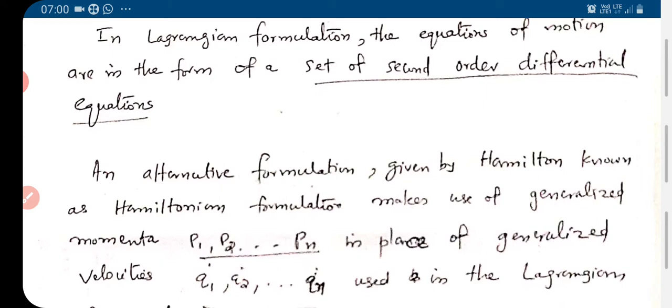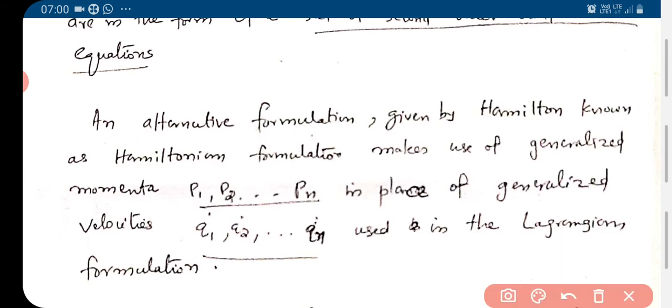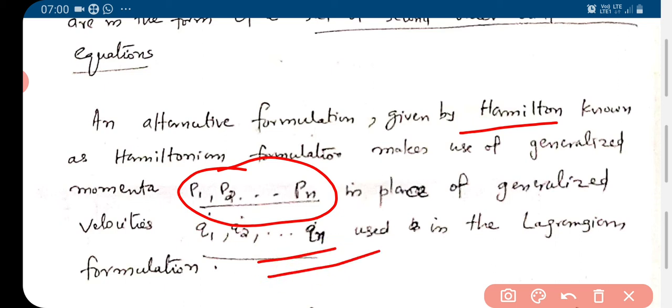In the Hamiltonian formulation, a formulation given by Hamilton, we make use of generalized momenta in the place of generalized velocities q1 dot, q2 dot, qn dot. From generalized coordinates we can obtain the generalized velocities, but instead of that we are using generalized momenta p1, p2, pn.